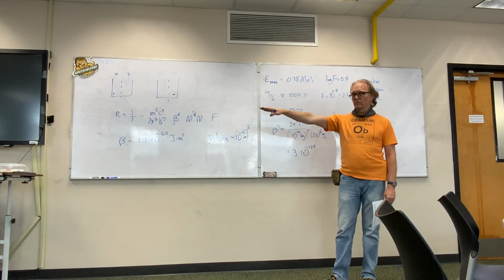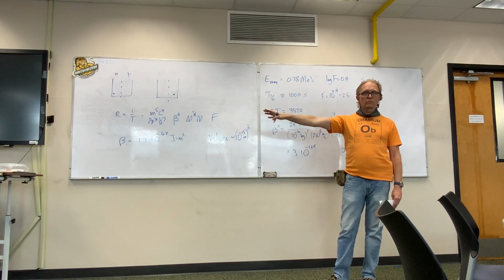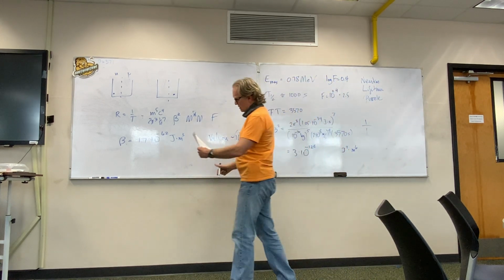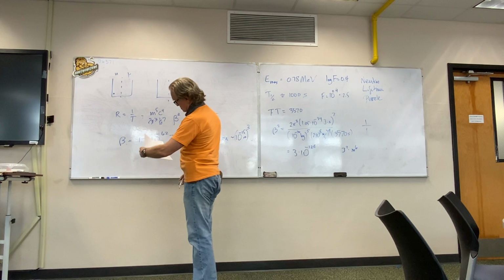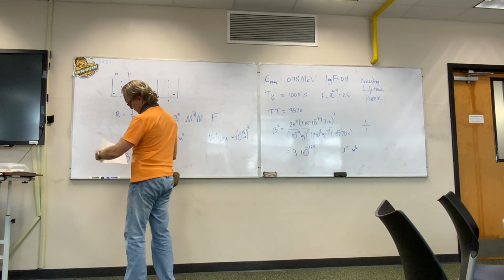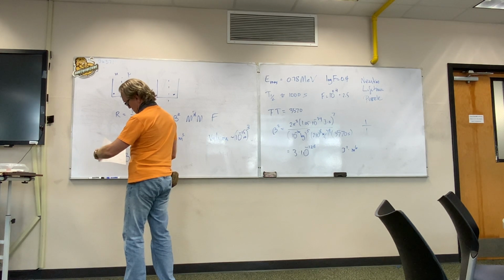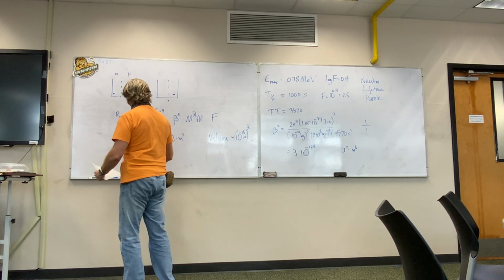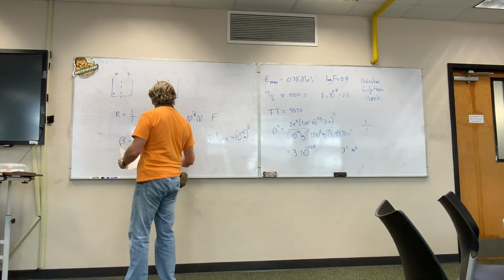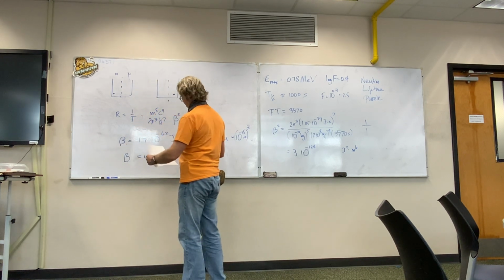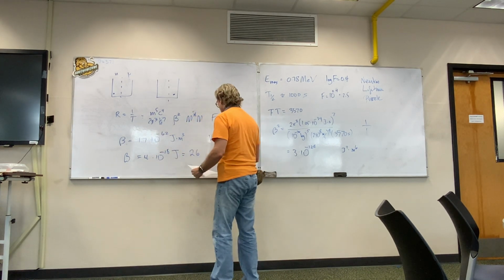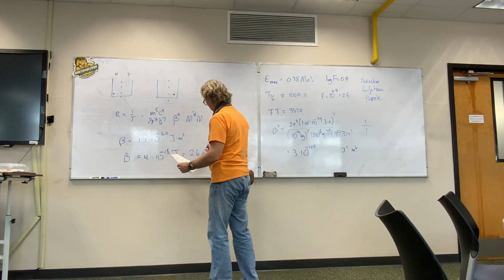And again, I'm just following through his example. You read through his example. That'll help you figure out what's going on. I get beta of roughly 4 times 10 to the minus 18 joules, which is around 26.5, I guess, electron volts.